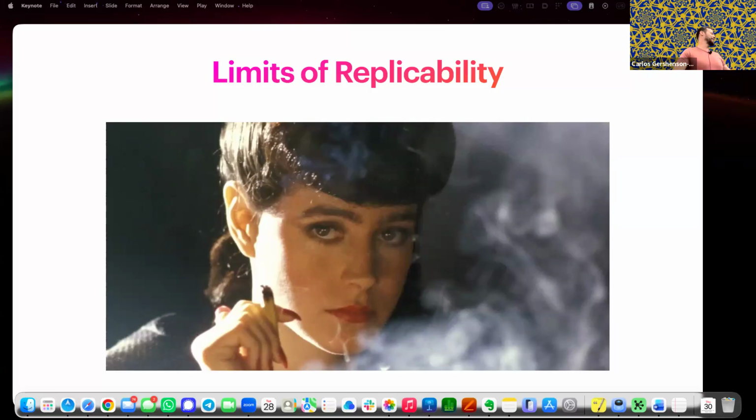So okay, there's this classic film Blade Runner from Ridley Scott, and it's based on Philip K. Dick's novel Do Androids Dream of Electric Sheep?